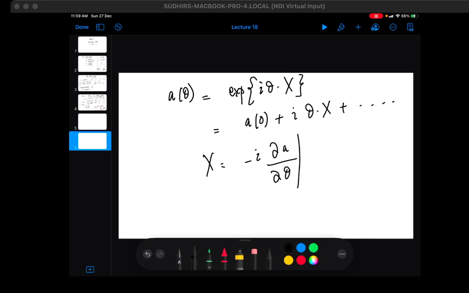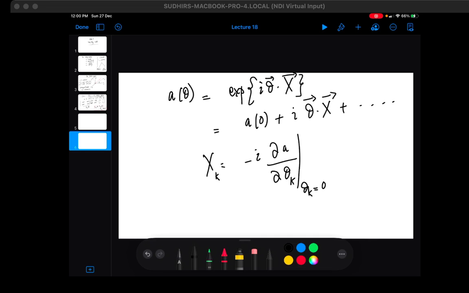If there are n number of thetas, this is the most general, so you can expand it for any number of parameters. So if you have the kth generator, at the limit theta k is equal to 0, this is the definition of the generator.